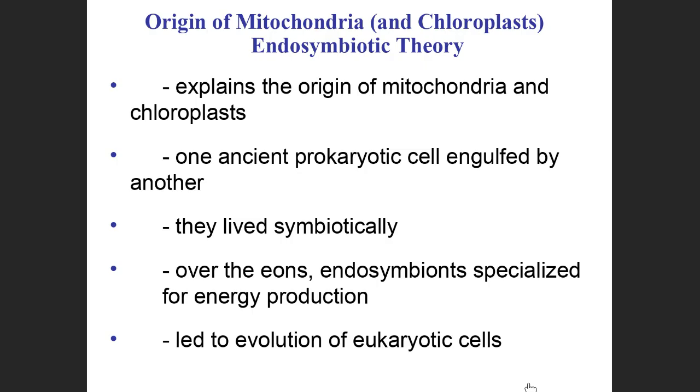And because those cells now had the ability to make huge amounts of ATP, those cells were able to associate together and start to form animals. And so without mitochondria and chloroplasts, multicellularity would not be possible. Without oxygen, multicellularity would not be possible.